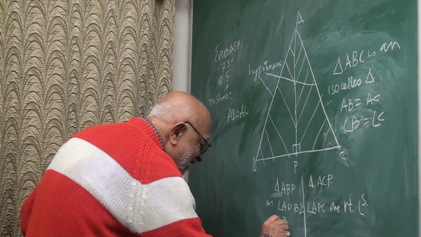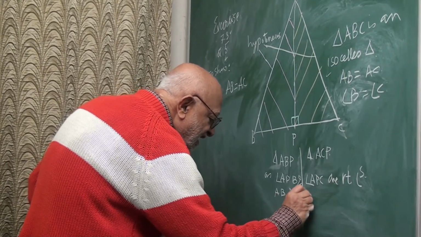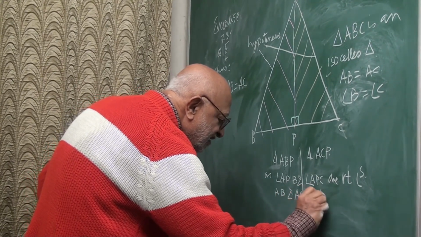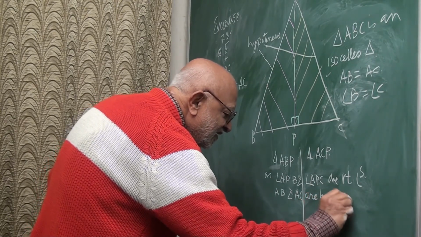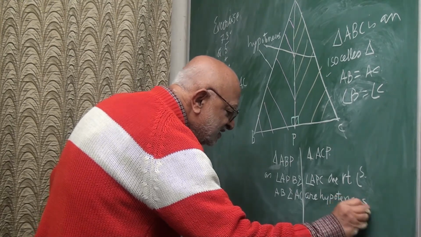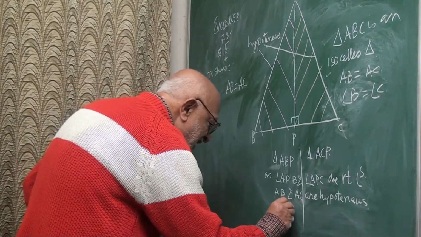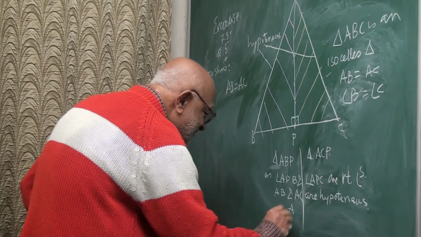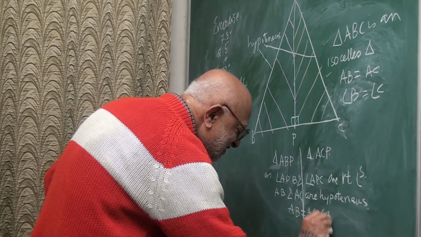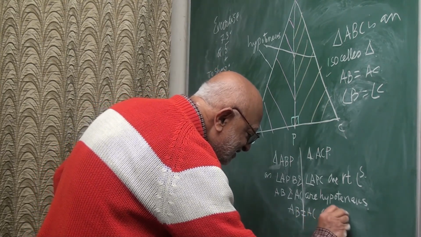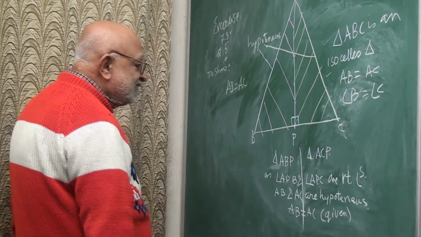AB and AC are hypotenuse, and AB is equal to AC. This is given.